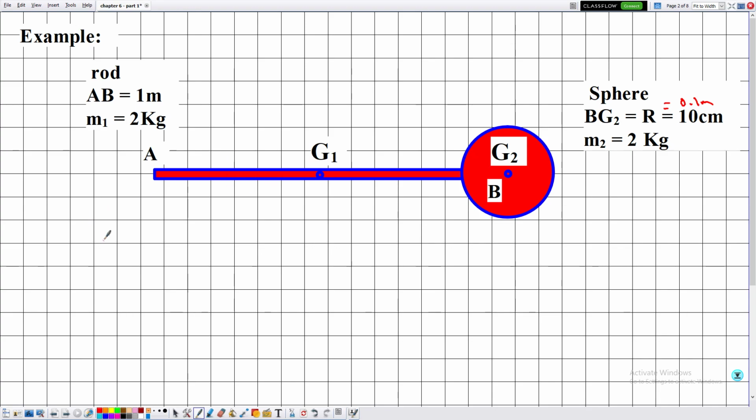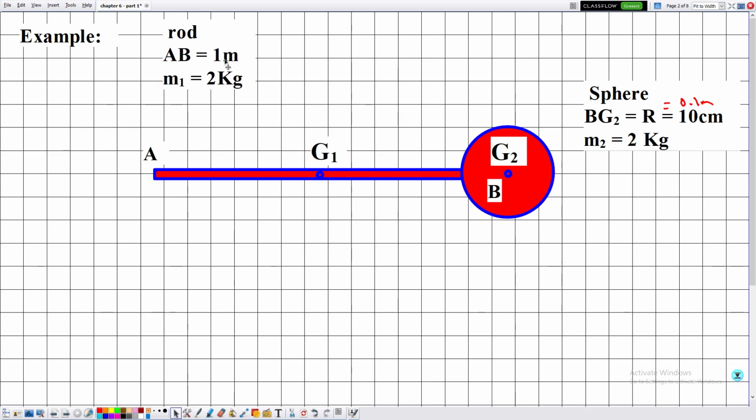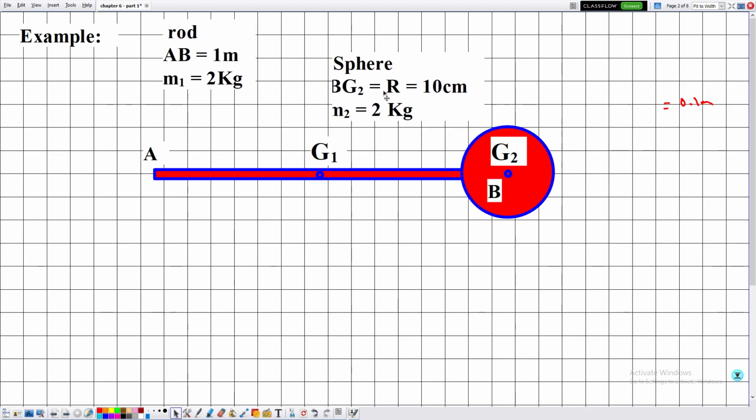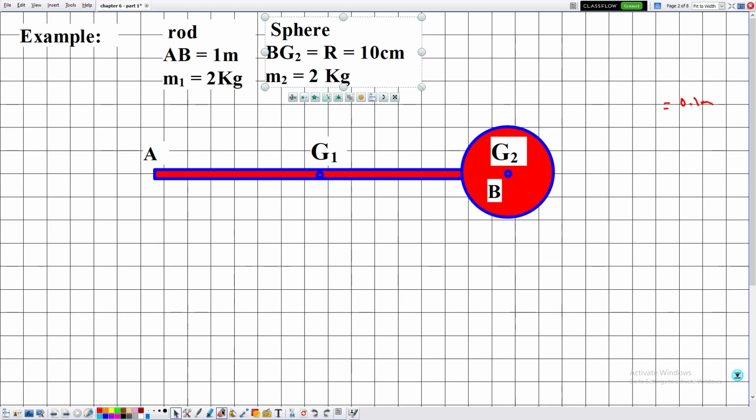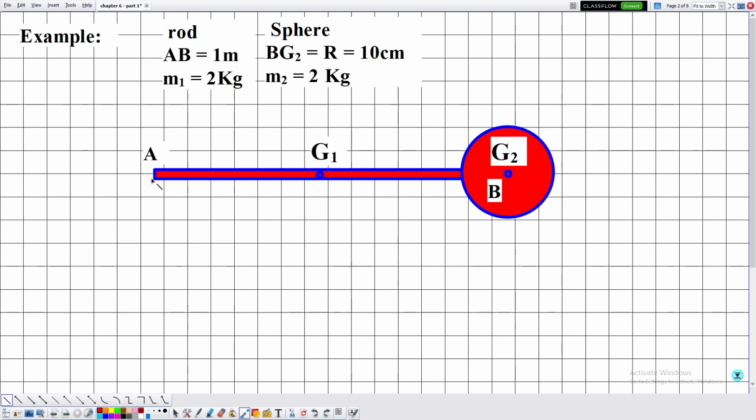So let's apply the barycenter formula. But according to the previous note, before we use the barycenter formula, we need to consider a reference system. Then let me consider the reference system. So suppose that this is the x-axis, and this is the y-axis.